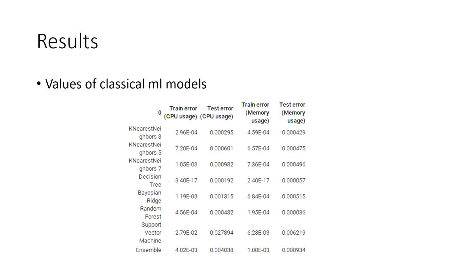Then we have decision tree, Bayesian ridge, random forest, SVM, and ensemble. In the case of the train error, the minimum error is shown by the decision tree. It's really good for training error in CPU usage.